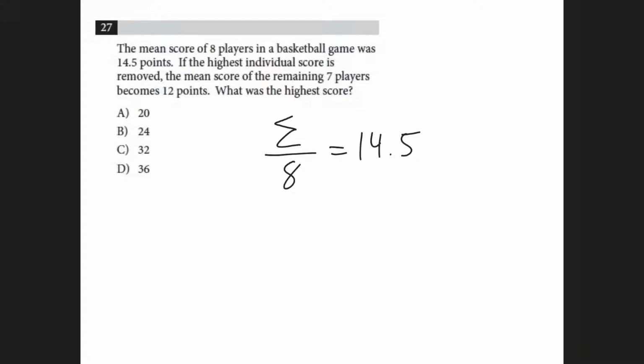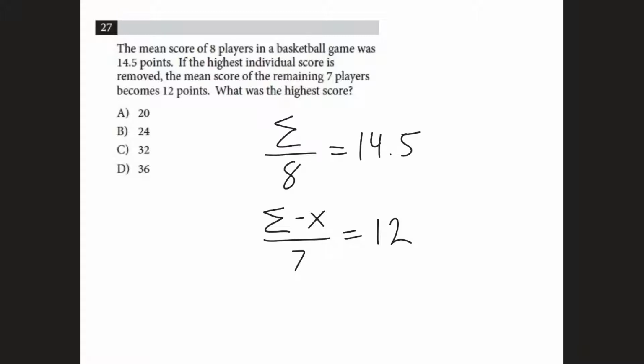And it says that if we remove one of the players' scores, let's say that's x, we have the sum minus that player's score. Now it's out of 7, and we know that it equals 12. Okay, and we're trying to figure out what the x value is.